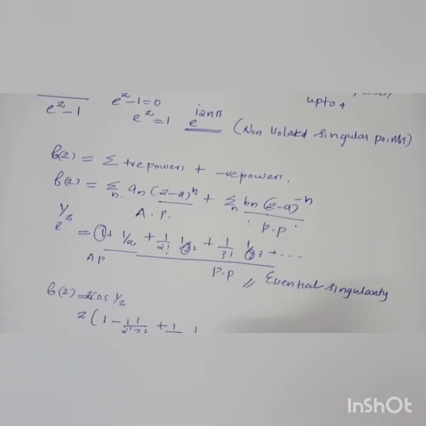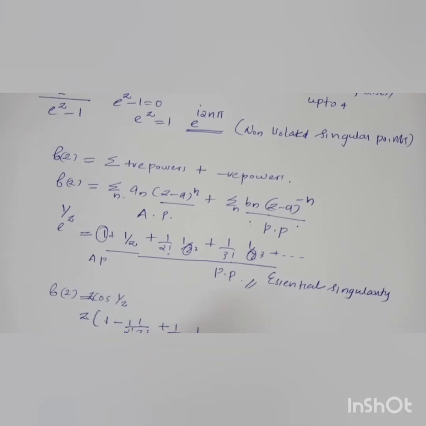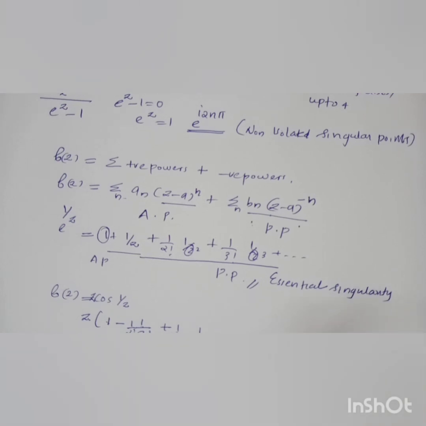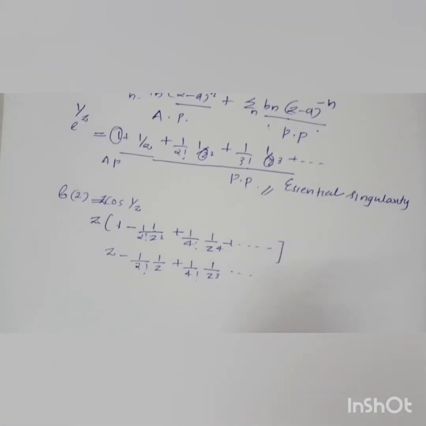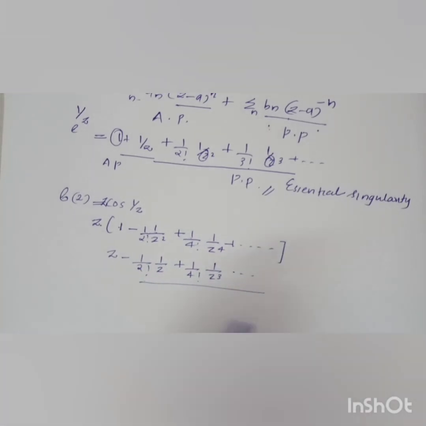So we have an infinite number of terms, and you get a principal part which has an infinite number of terms. So it is an essential singularity. From these two examples you got an idea about essential singularity, in which the principal part contains an infinite number of terms.